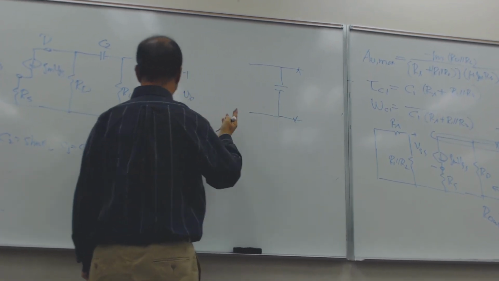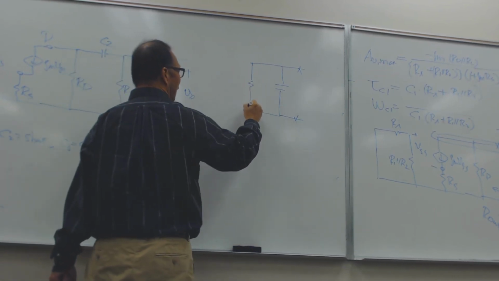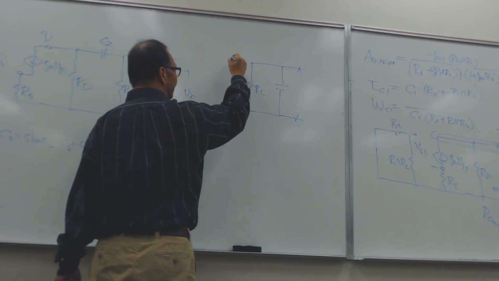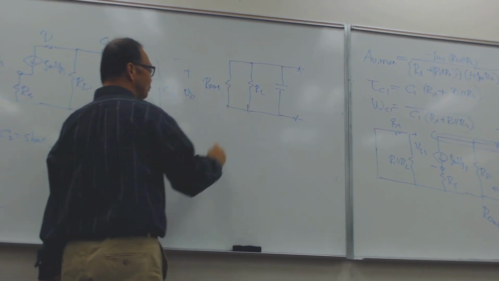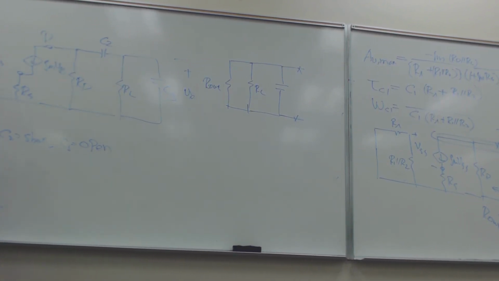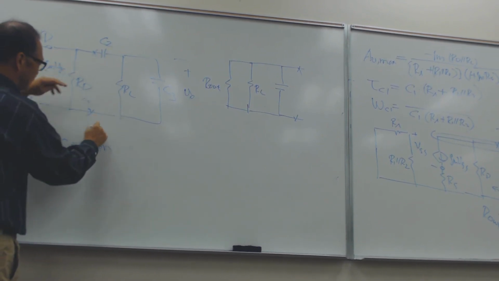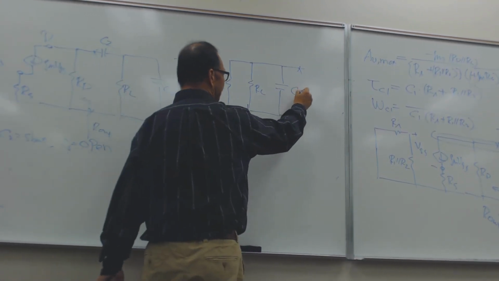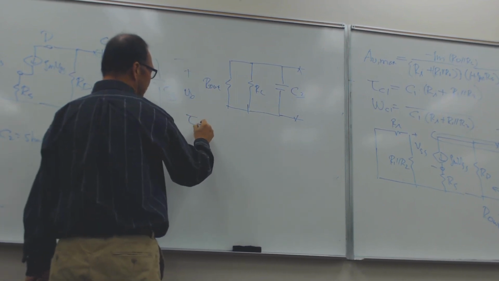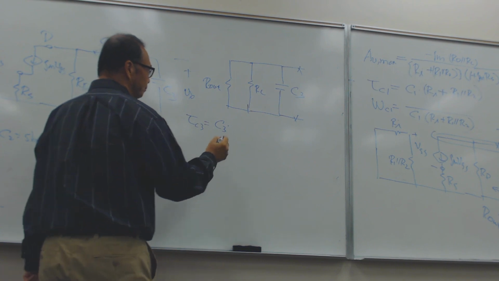Nothing. On the left hand side, you have an R sub L, yes? And then what else? R out, right? Because everything from here is R sub out. Yes, we have found that. So this is C3. So tau C3 is C3 times, right?